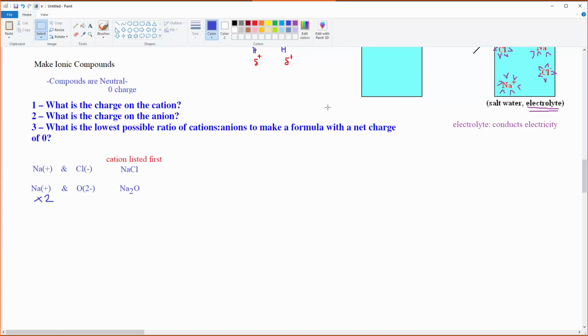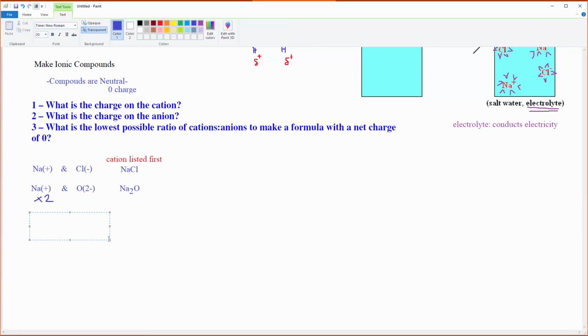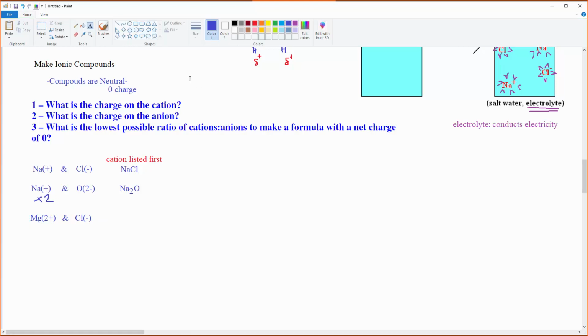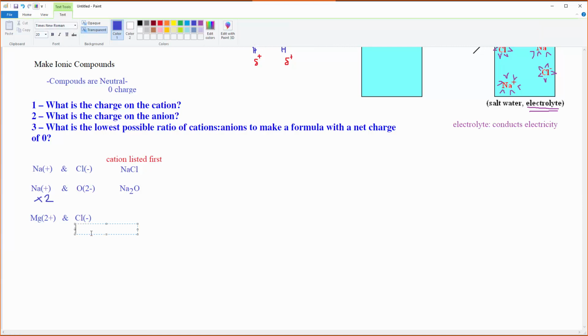Okay. What if I wanted to make a compound between magnesium, which is in group 2, so it's got a 2+ charge, and chlorine, which is in group 7, so it's got a -1 charge? Good. Perfect, Sarah, Nicole. We're going to have 2 chlorines. Multiply that by 2.